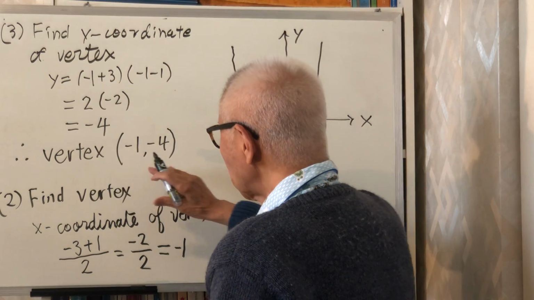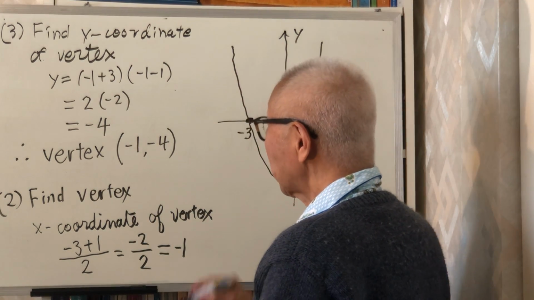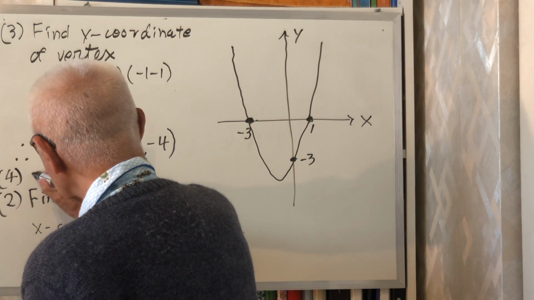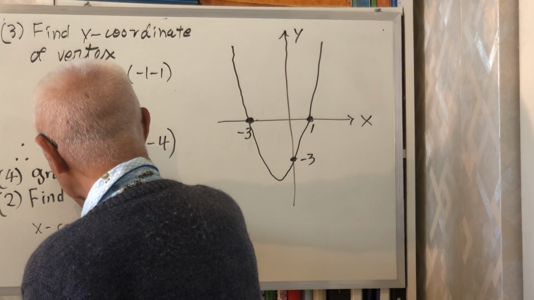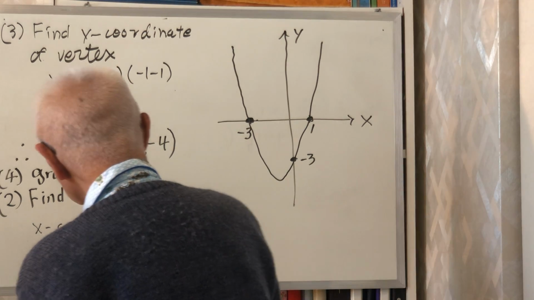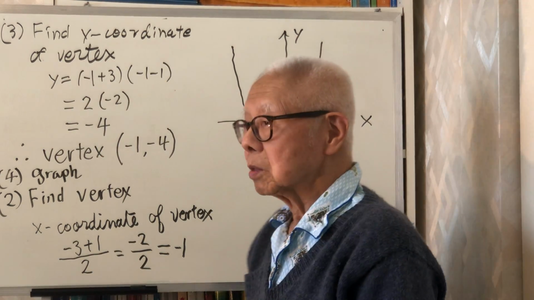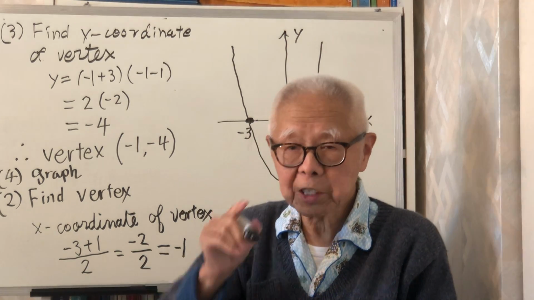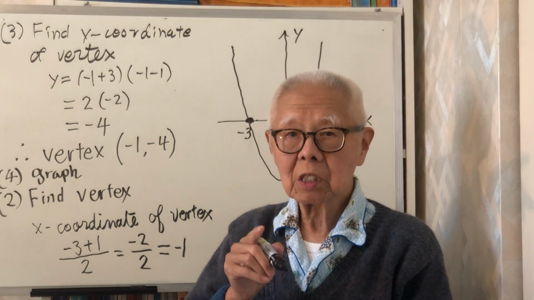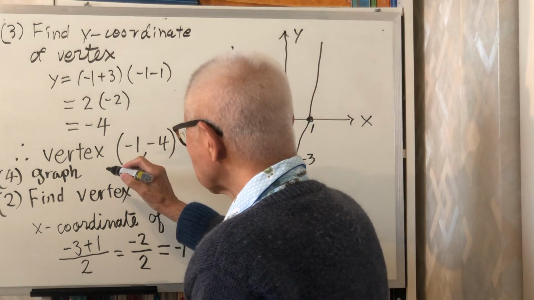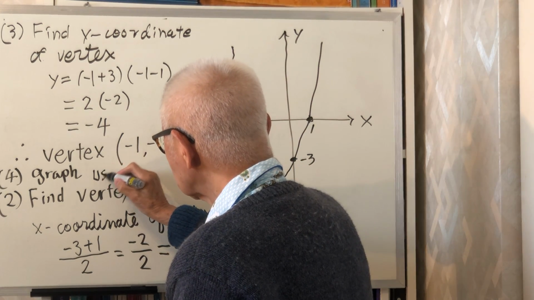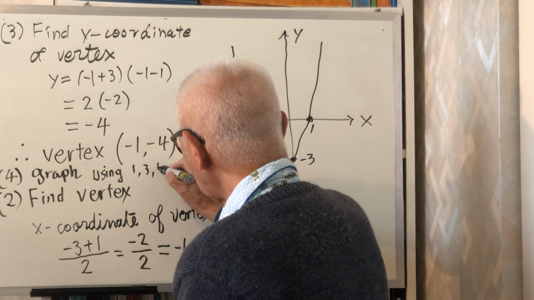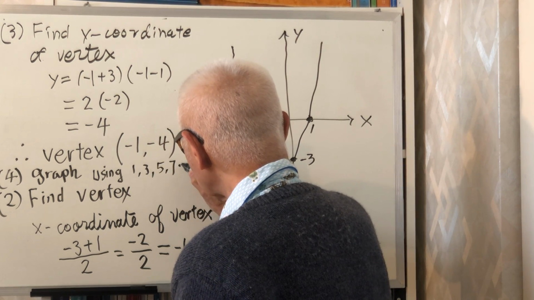Once I have the vertex, then I can graph now. So the next step, now you can graph. Because I have the vertex, I can graph it more accurately using the odd numbers: 1, 3, 5, 7, and so forth.